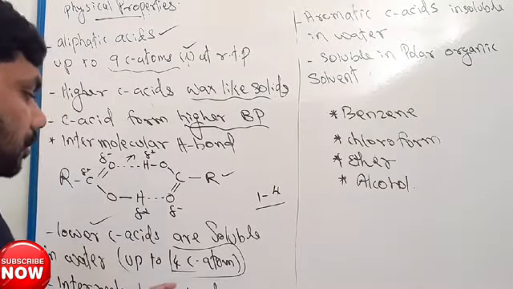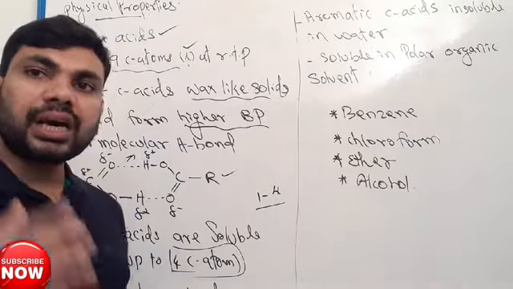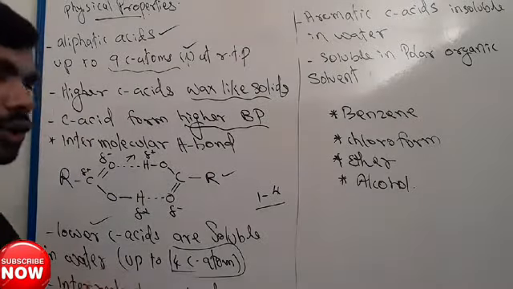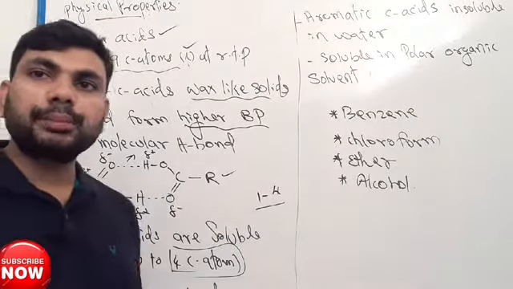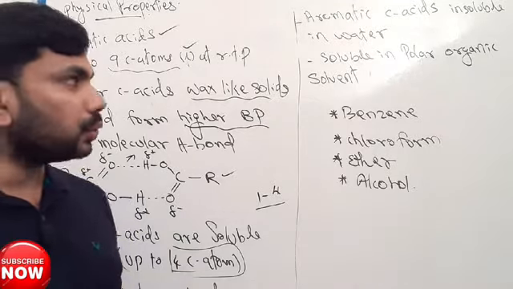This type of carboxylic acid contains 1 to 4 carbon atoms. They are lower carboxylic acids and they are miscible in water. They dissolve in water because they form intermolecular hydrogen bonds with the water molecules.